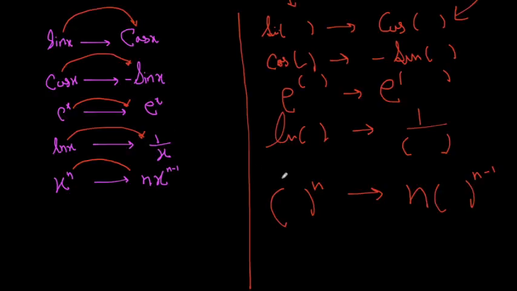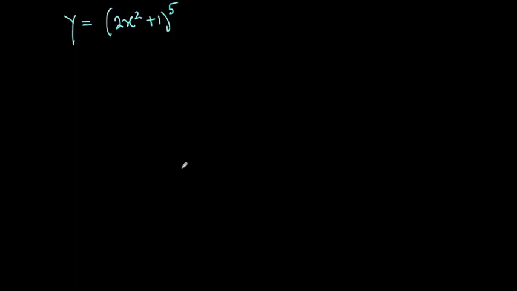I can use bracket to the power n is n bracket to the power n minus 1. It's the same formula, but there is one thing. The differentiation of that will be 5 bracket to the power 4, and whatever is inside the bracket doesn't change.